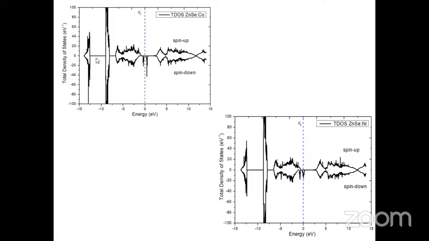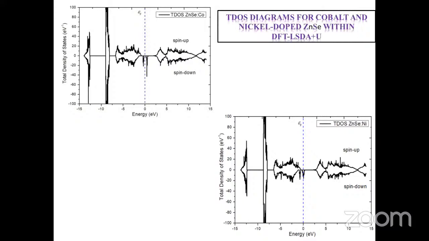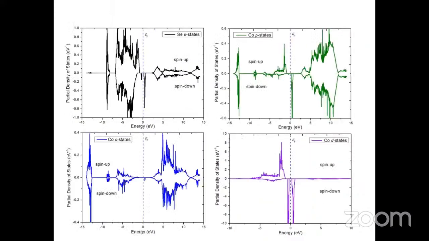Here you can see the total density of states diagrams for cobalt doped and nickel doped zinc selenide spatial structure. The obtained density of states between the selenium p and cobalt, nickel d states showed the hybridization of selenium p states and impurity d states.